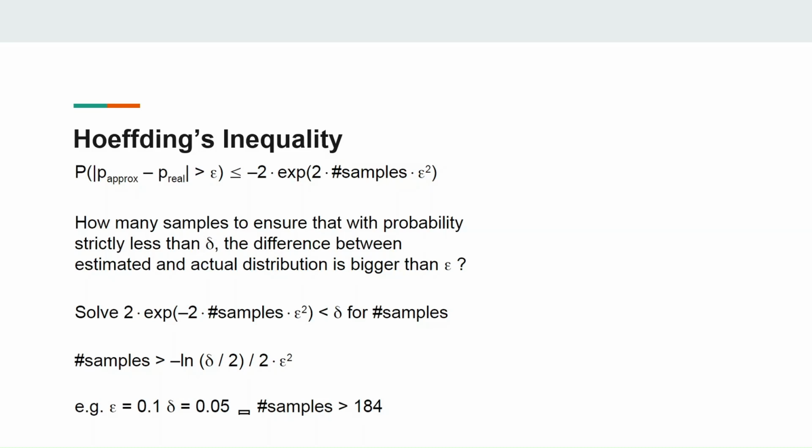Basically, our equation states this: minus 2 times e to the power of 2 times the number of samples, let's call it n, times n, 2 times n, times the error to the power of 2. Okay, perfect. But what I care about is the n here, right?